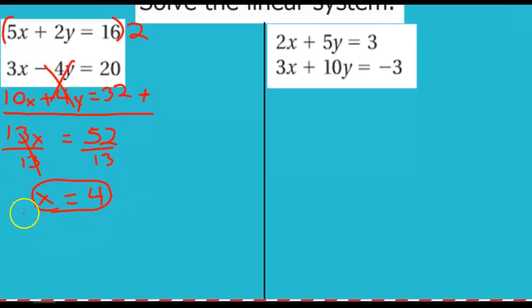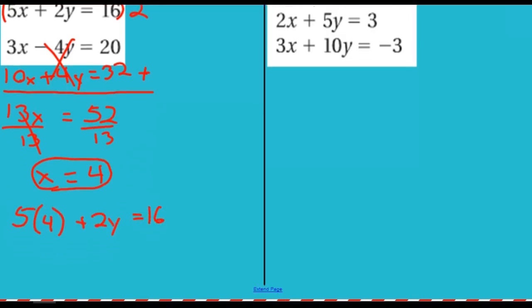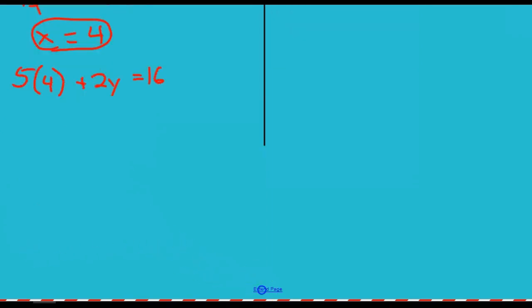So I'm going to take the top equation and go 5 times 4 instead of x now, plus 2y equals 16. So 5 times 4 is going to give me 20, plus 2y equals 16.